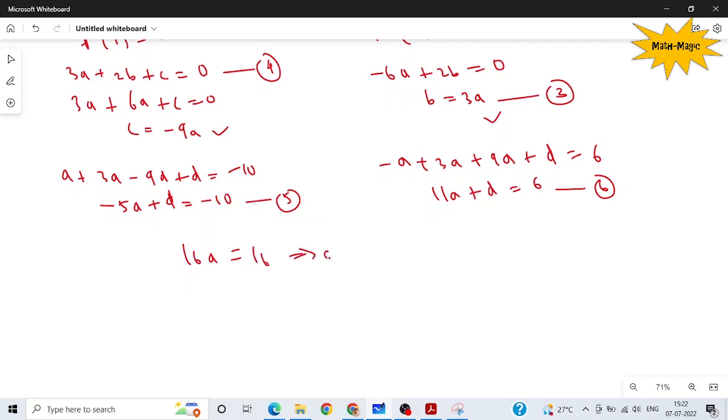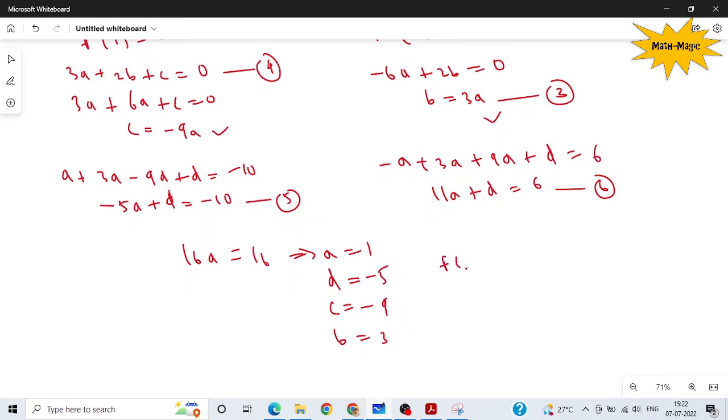This implies that a is equal to 1. Then if a equals 1, d equals minus 5. And then we can use the earlier equations to get the value of c, which is minus 9, and the value of b is 3. Okay, so the value of a is 1, b is 3, c is minus 9, d is minus 5.